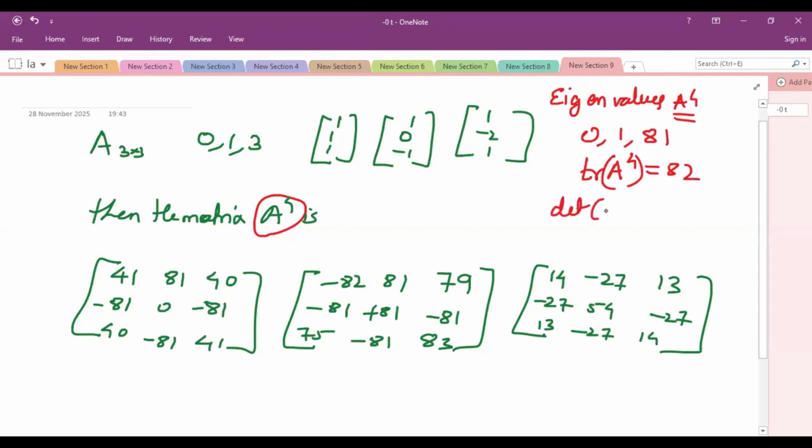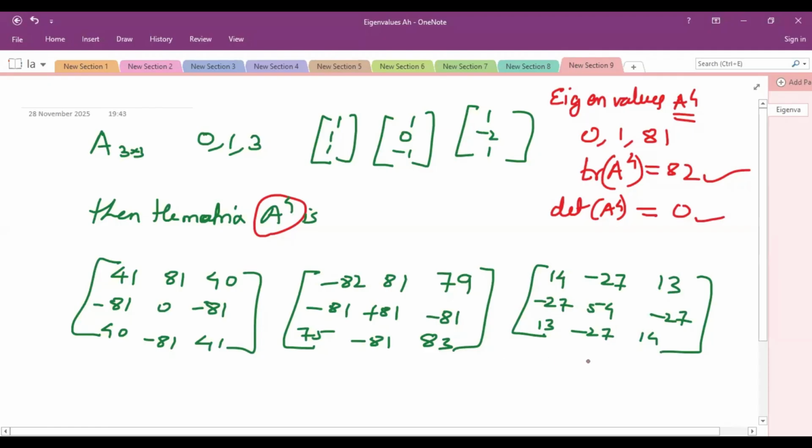And the determinant of A raised to 4 will be the product of all three, which will be 0. So we know the trace and the determinant of this. But getting the determinant of all these matrices, with such huge numbers, will be a difficult task. But we can check the trace of A raised to 4.